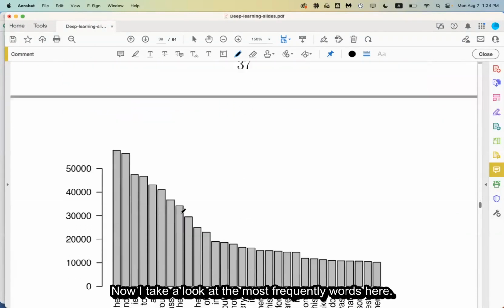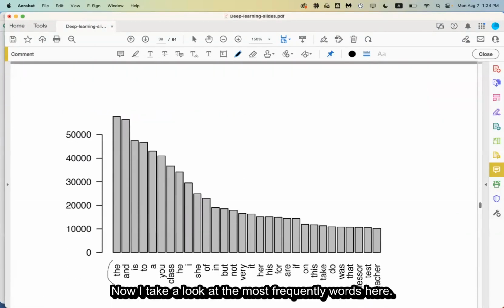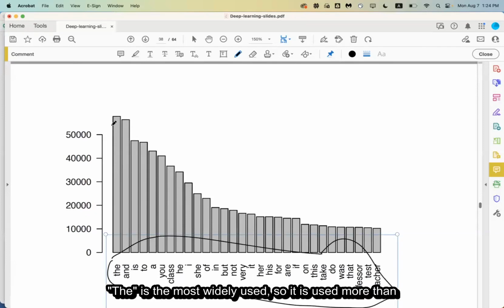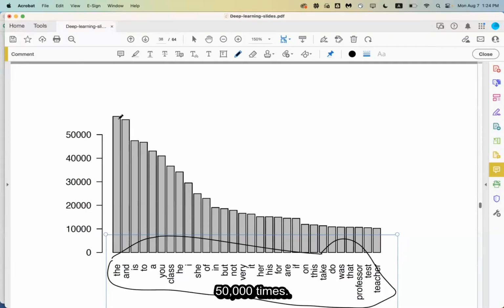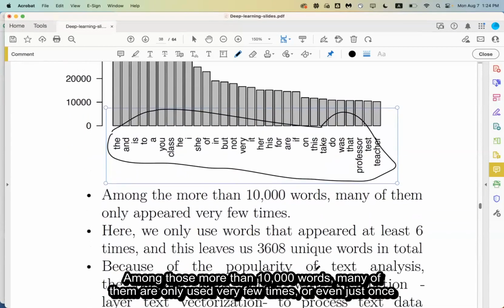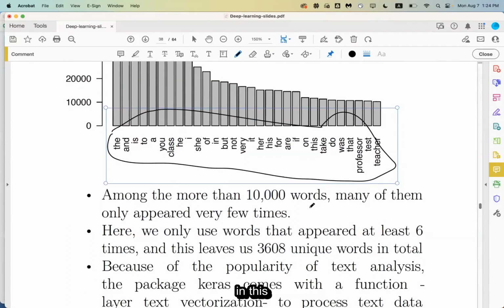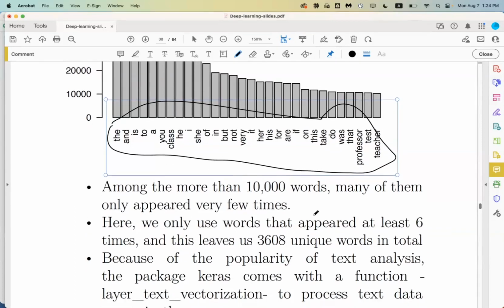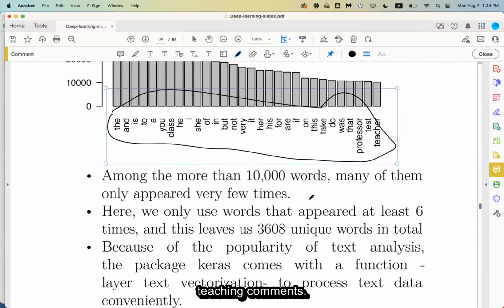Now I take a look at the most frequently used words here. There is the most widely used word, which is used more than 50,000 times. Then other widely used words are professor, teacher, take. Among those more than 10,000 words, many are used only a few times or even just once in these 38,000 teaching comments.